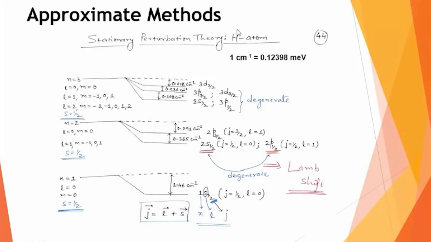This centimeter inverse is equivalent to an energy in electron volts, that is, milli electron volts. 1 centimeter inverse is about 0.12398 milli electron volt. So basically this much amount of energy is now lower.